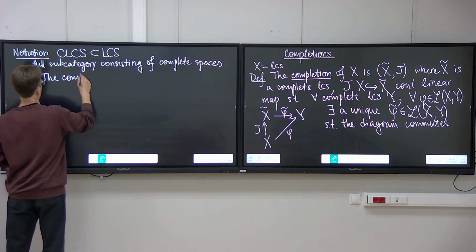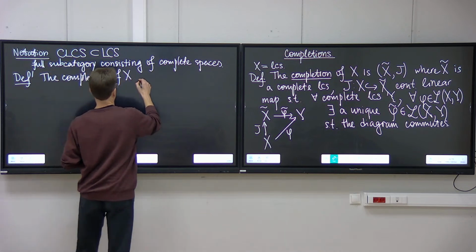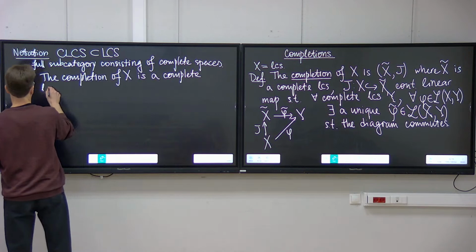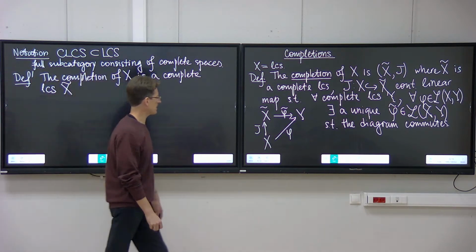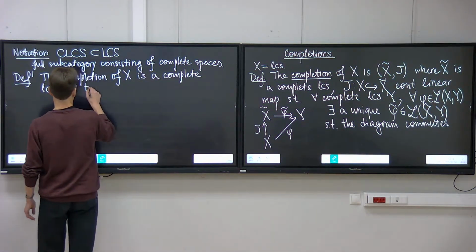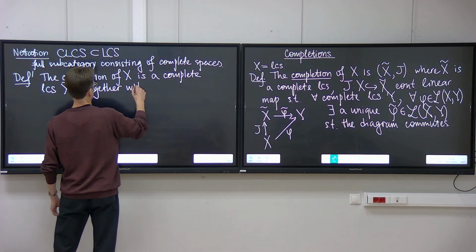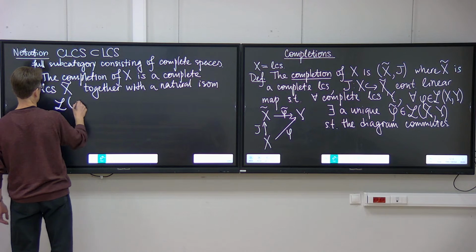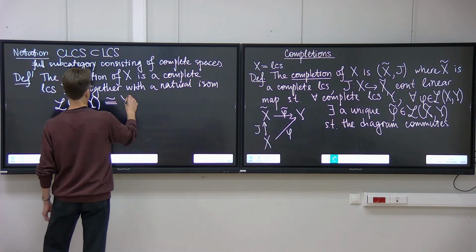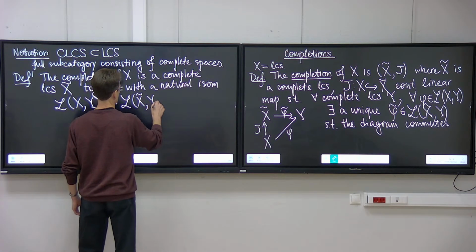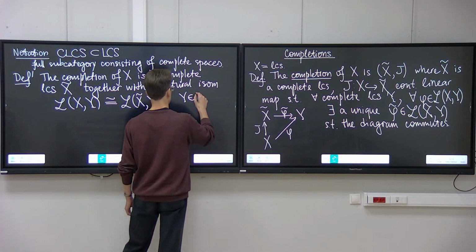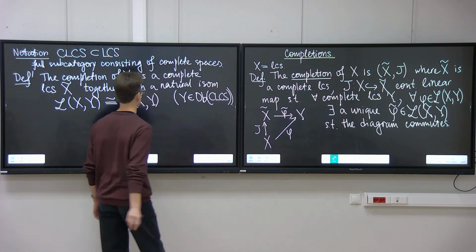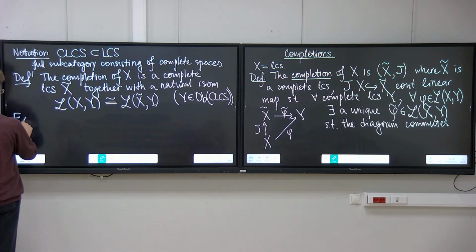The completion of X is a complete locally convex space X tilde, together with the following natural isomorphism between continuous linear maps from X to Y, and continuous linear maps from X tilde to Y, where Y runs over the objects of CLCS, that is, over complete locally convex spaces. And it's a simple exercise to show that the definitions are equivalent.